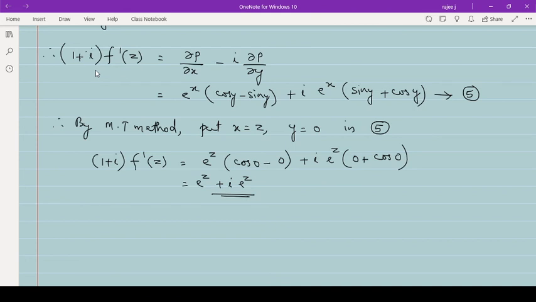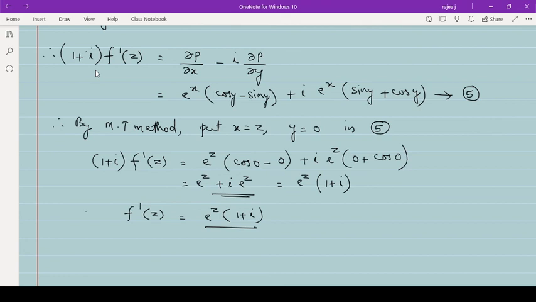Now here again you can see e^z is common: e^z into (1 + i). See, e^z is common, so you will get this one. Therefore f'(z) is equal to e^z (1 + i) divided by (1 + i), bringing this 1 + i to the denominator.